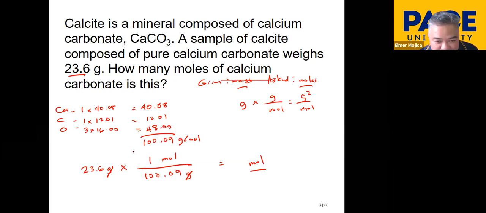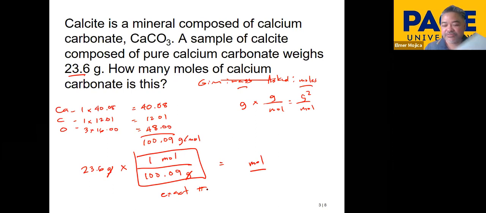These are exact numbers, and if you have an exact number, the number of significant figures is infinite. So you just base it on the given number. So what did you get?